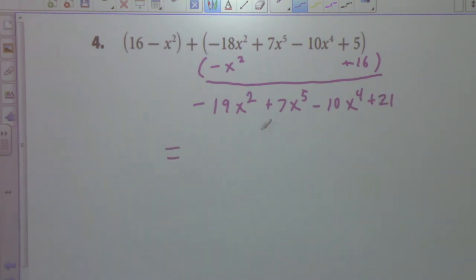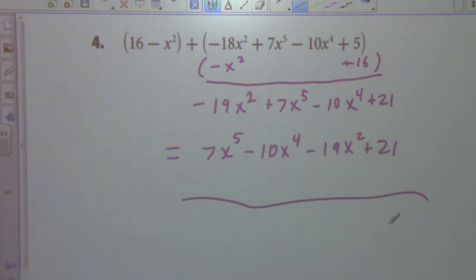Okay, and then the last thing, put this in standard form. I got 7x to the power of 5 minus 10x to the power of 4 minus 19x to the power of 2 plus 21. Okay, looks good. Now, what is going to be our degree and our leading coefficient for this thing?